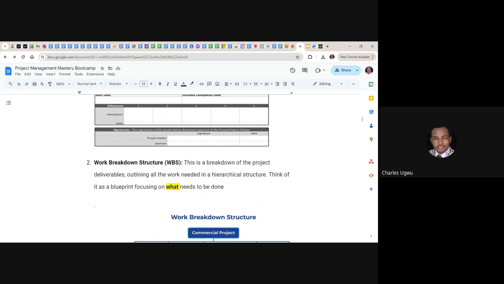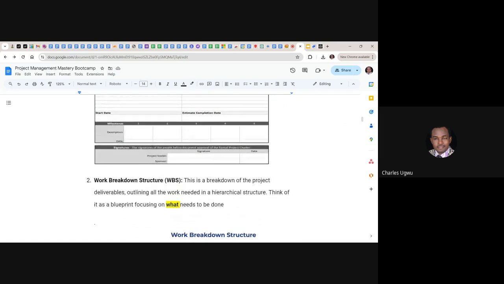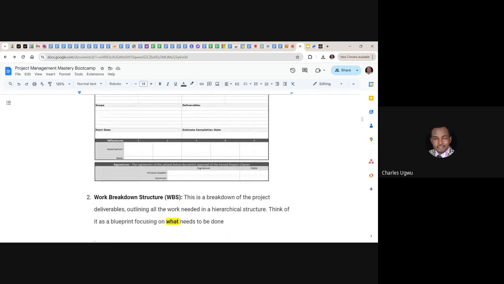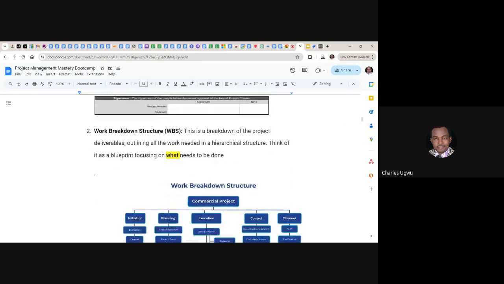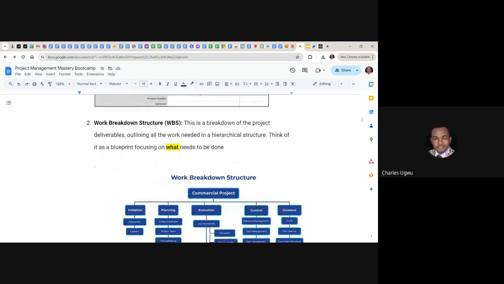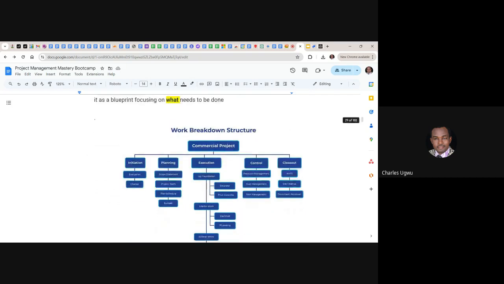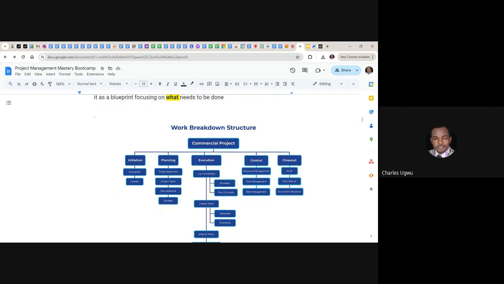Now you've gotten approval to start this project, approval by this project charter. The next thing is for you to start the project. And the only way you can start this project as a project manager is by breaking what you need to do down into manageable stages.